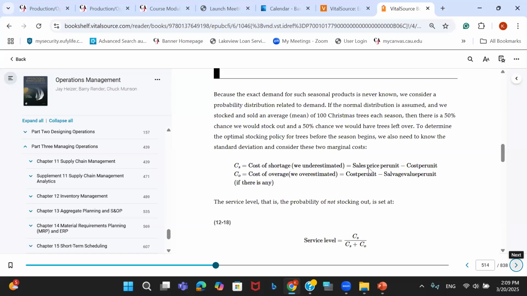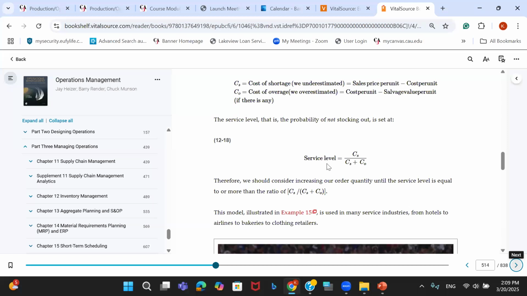If you sell something for $100 and it costs you 50, you make $50, so if you have a shortage you lose $50. Cost of average, we overestimated: cost per unit minus salvage. So the service level is equal to CS divided by CS plus CO. We should consider increasing our order quantity until the service level is more than the ratio.